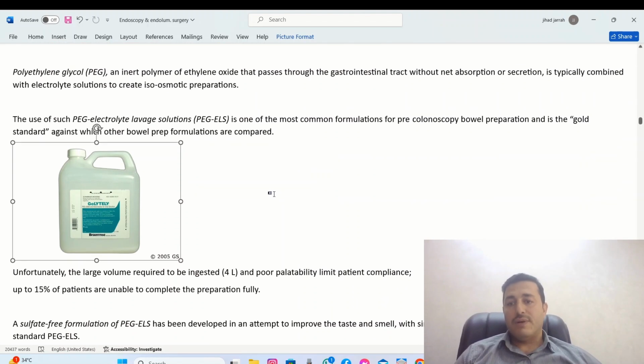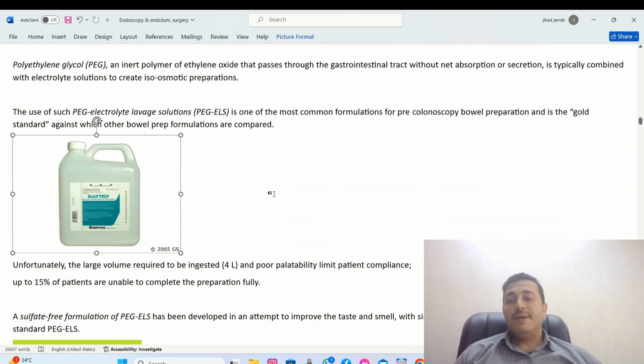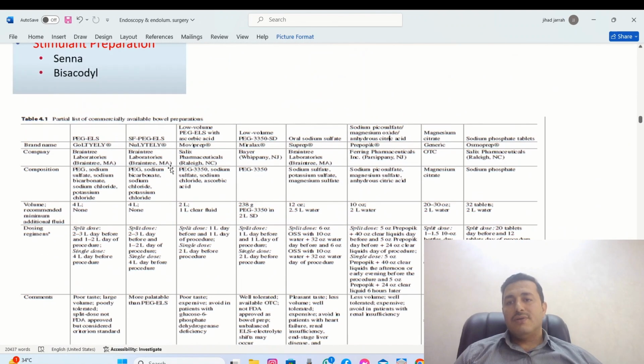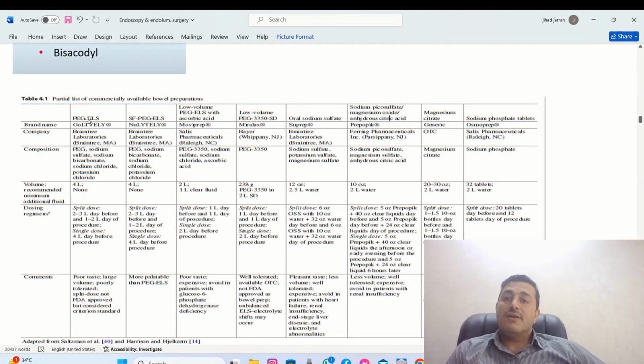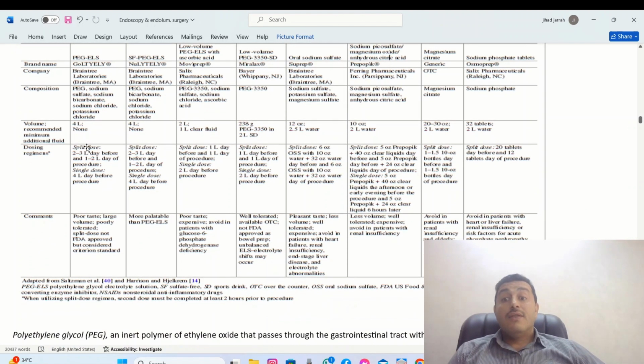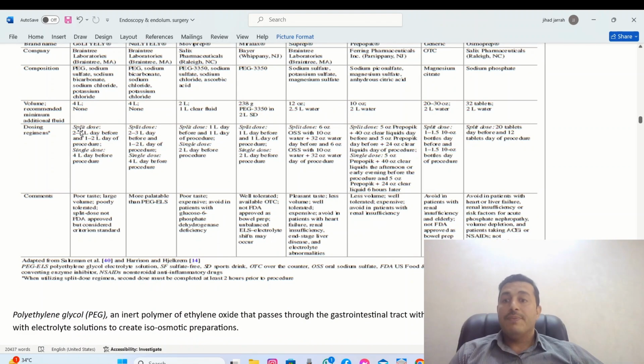I'm not sure about the pronunciation, but let's talk a little bit about advantages and disadvantages. We say polyethylene glycol electrolyte lavage solution. That means we have polyethylene glycol and we have sodium sulfate, sodium bicarbonate, sodium chloride, and potassium chloride. The volume, imagine that the patient should drink 4 liters, so it's a large volume.